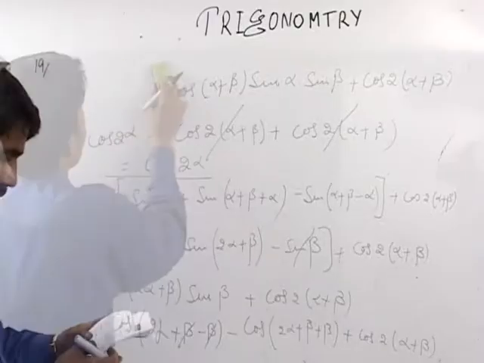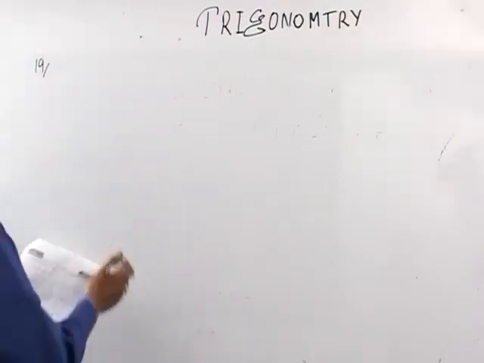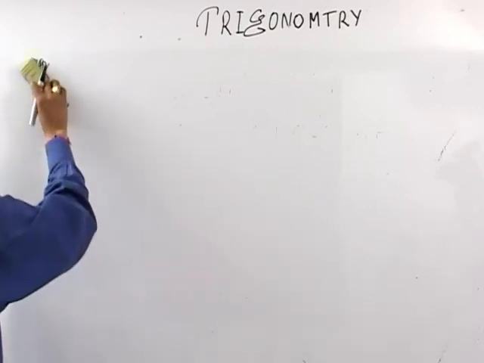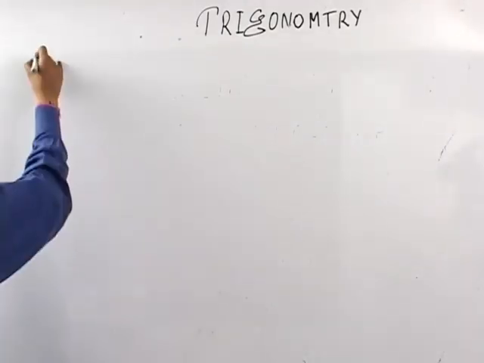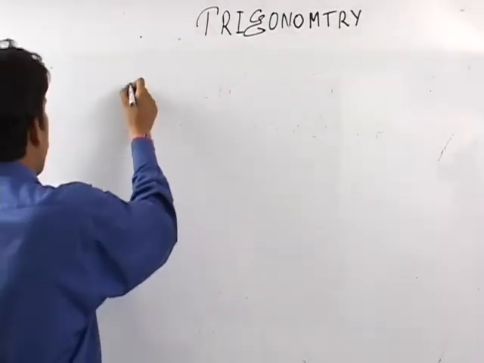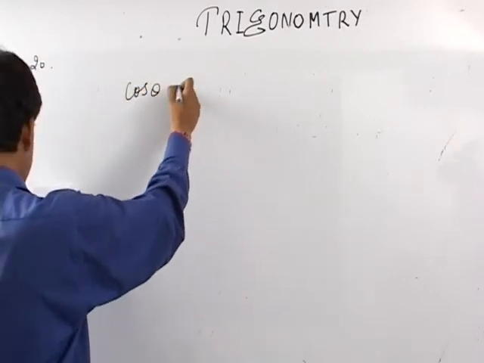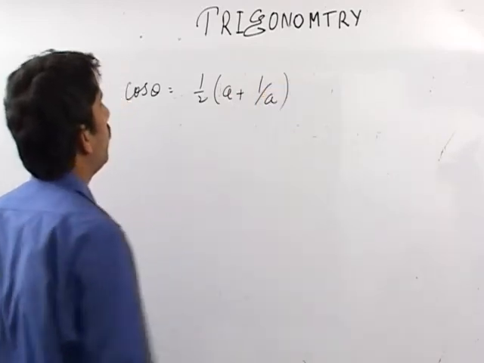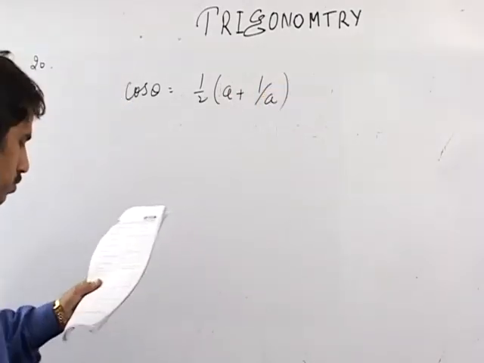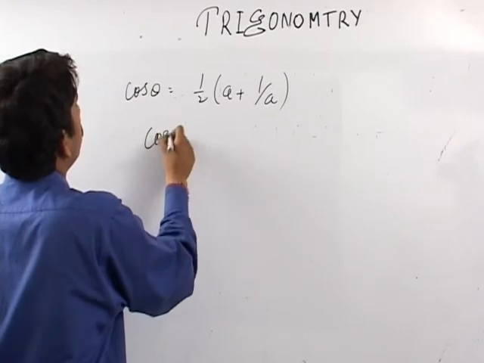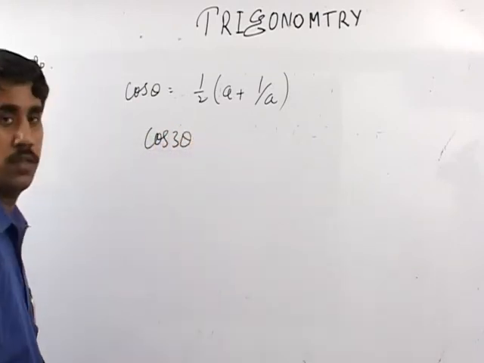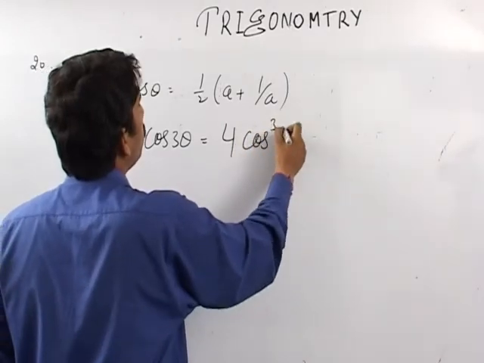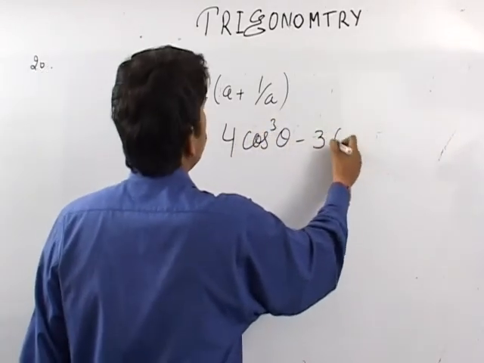Now the next question is that if cos theta is equal to 1 by 2 times (a plus 1 by a), then what will be the value of cos 3 theta? Now we know that cos 3 theta is equal to 4 cos cube theta minus 3 cos theta.